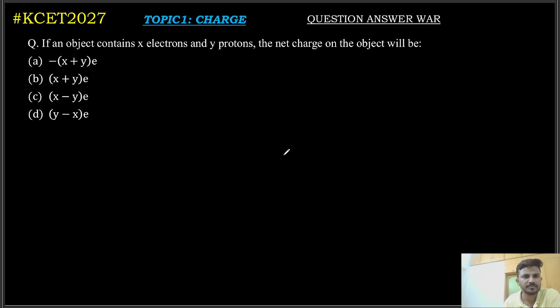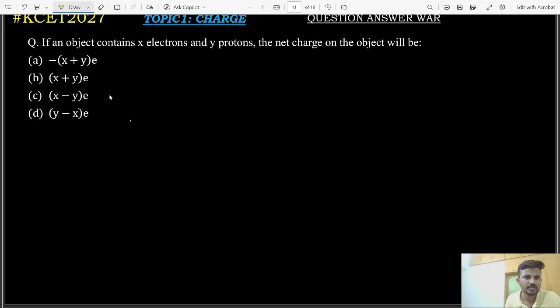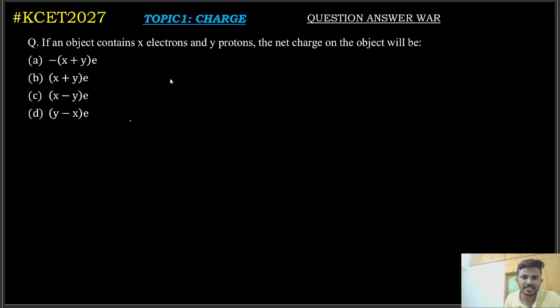Next we have, if an object contains x electrons, let's consider here it has x electrons, so charge will be minus x into e, and it has y protons, so charge 2 will be plus y e, that will be the charge due to protons.